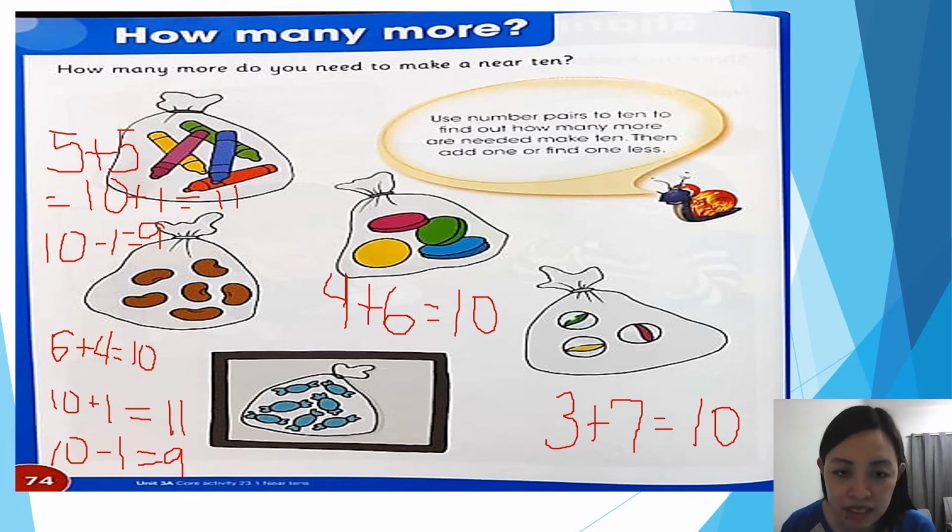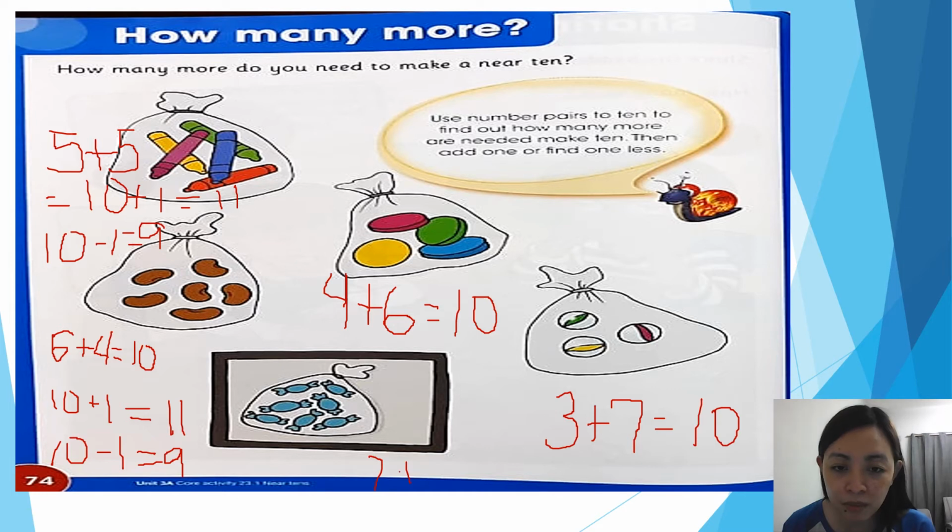How about these candies? Let's count. 1, 2, 3, 4, 5, 6, 7. So we have 7 candies. So let me just clear it. Okay. So we have 7 candies.